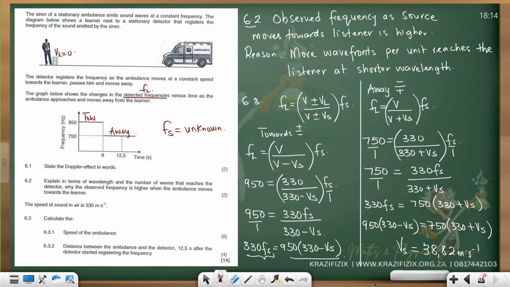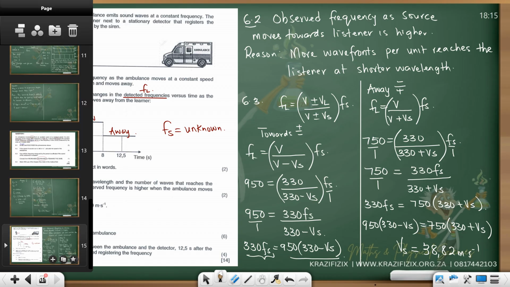Calculate the distance between the ambulance and the detector, 12,5 seconds after the detector started registering the frequency. Now we're looking for distance. Look, what are we looking for here?